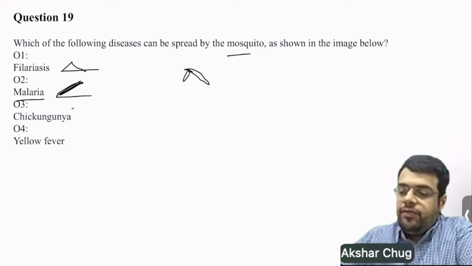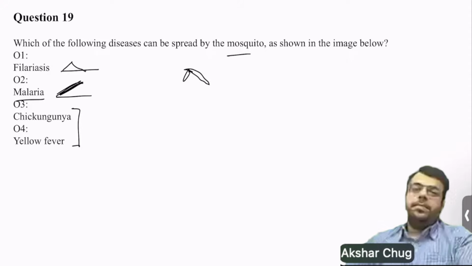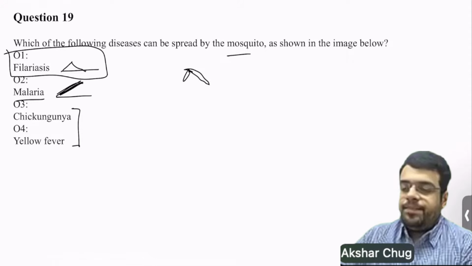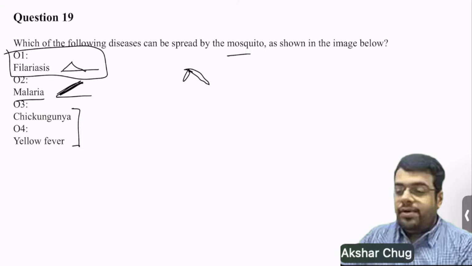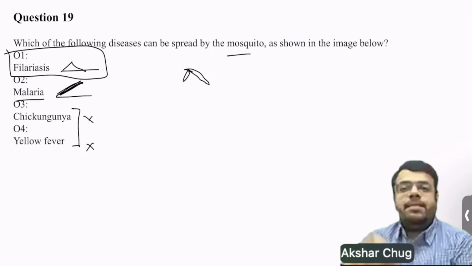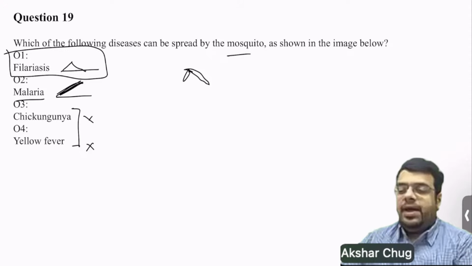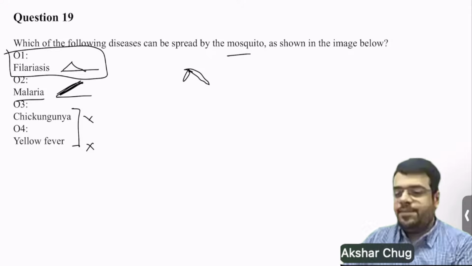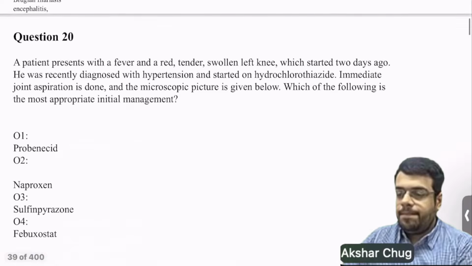Chikungunya and yellow fever are spread by the Aedes mosquito, which is a striped mosquito. So here the answer would be filariasis. Also, in a smart approach, you could eliminate chikungunya and yellow fever, because both are spread by the Aedes mosquito and both cannot be the answer. So you can easily rule out option 3 and option 4.